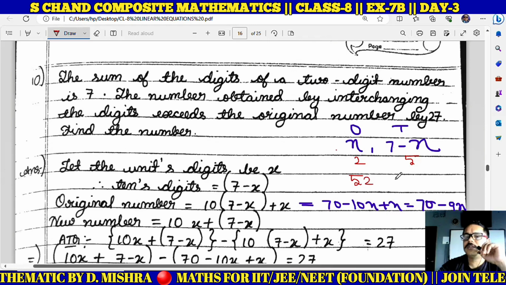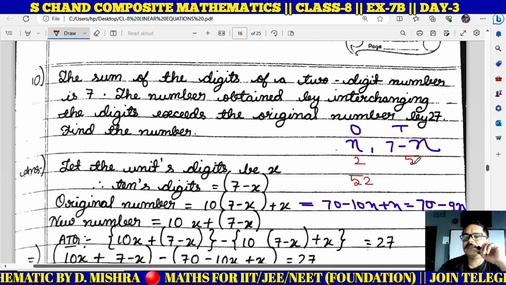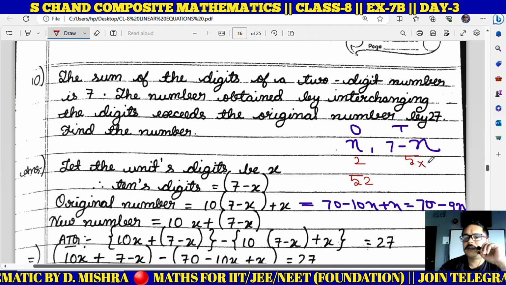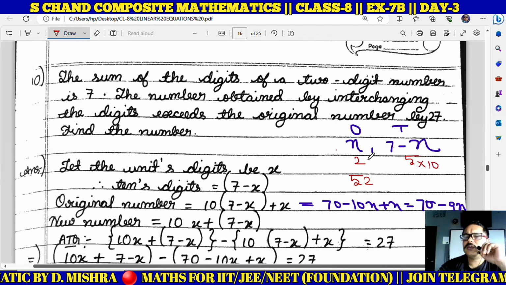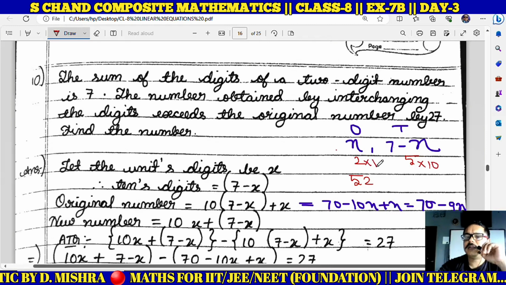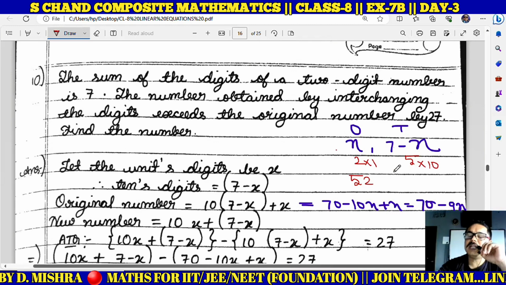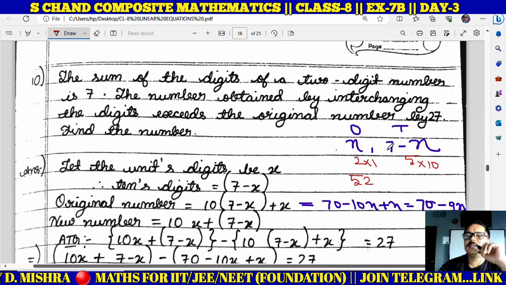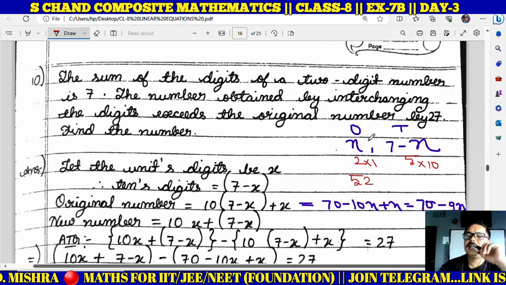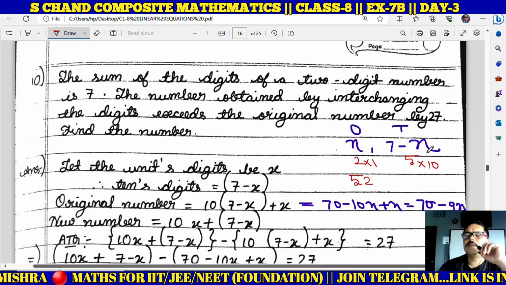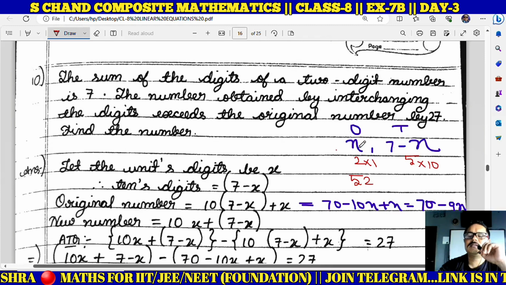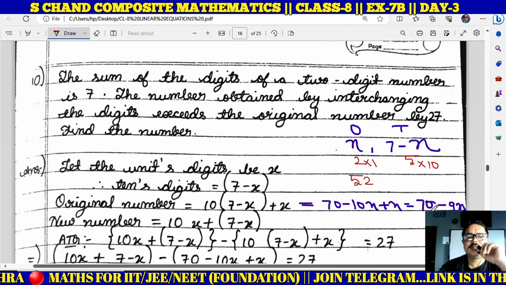But how is this 52 coming? Since 5 is in the tens place, we multiply it by 10, and 2 is in the ones place, so it is multiplied by 1, and 50 plus 2 is 52. Similarly, if in the tens place the digit is 7 minus x and in the ones place x, the number will be 10 into this plus 1 into this, so 70 minus 9x.